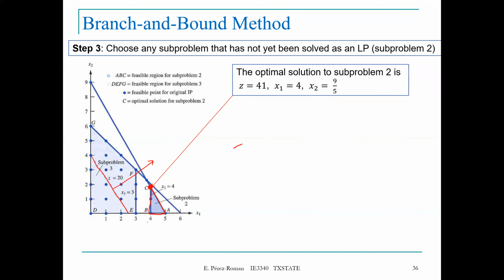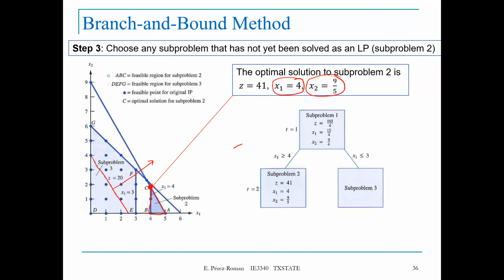Okay, so what you see now is that we were able to find one of the coordinates for this problem, or one of the decision variables is now integer, but we're still facing an issue here with 9/5. So after branching, we have solved subproblem number 2, and this is the solution.